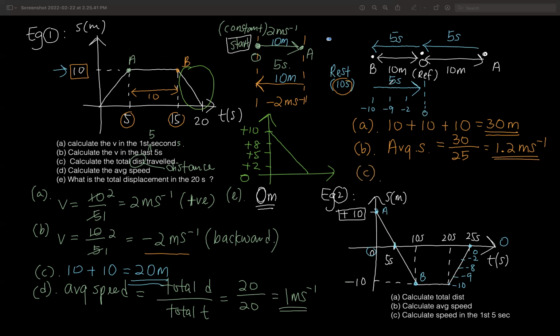Calculate the speed in the first 5 seconds. Okay, that means we take the gradient of the sloping down line. Ten divided by 5. Do I need to put a negative? Since it is sloping down, right, the gradient. I do not need to put. Why? Because the question only asks for speed. That means this is only magnitude.